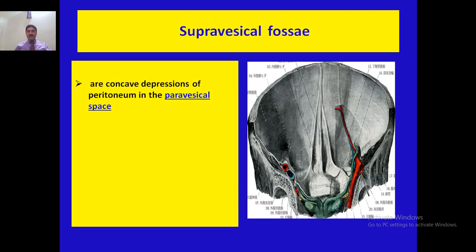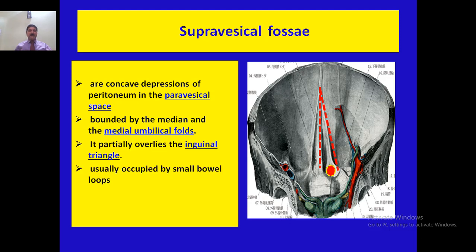On the posterior aspect of the anterior abdominal wall, below the level of umbilicus, we also see various fossae. Supravesical fossae are concave depressions of the peritoneum in the paravesical space. They are bounded by the median and medial umbilical folds, as shown in this diagram. The red encircled area represents the supravesical fossa, which is bounded by the median and medial umbilical folds.